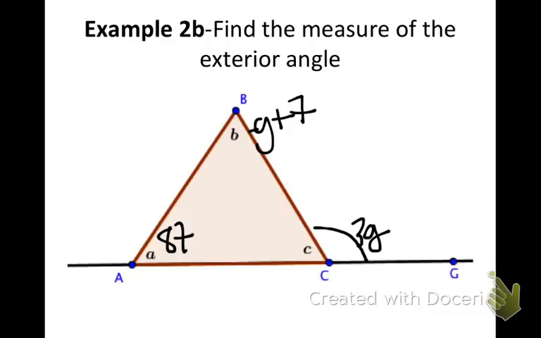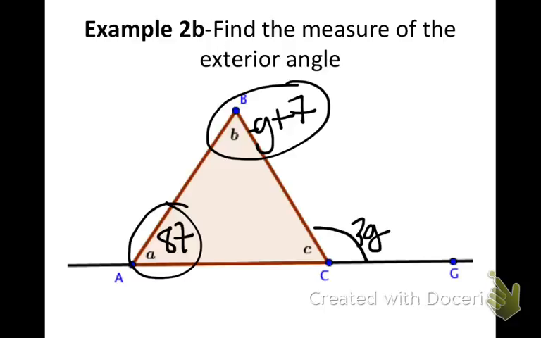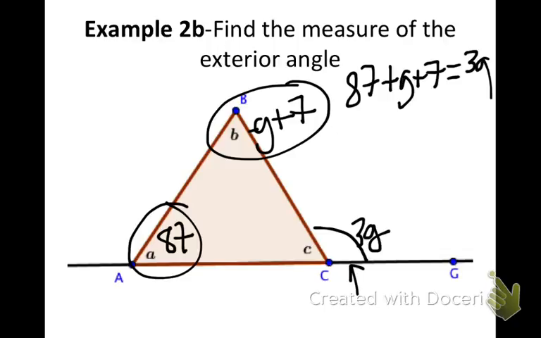So back to our formula, the sum of our two interior angles that are not adjacent to this angle, angle A plus angle B, should equal our angle 3G. So we have 87 plus G plus 7 equals 3G.